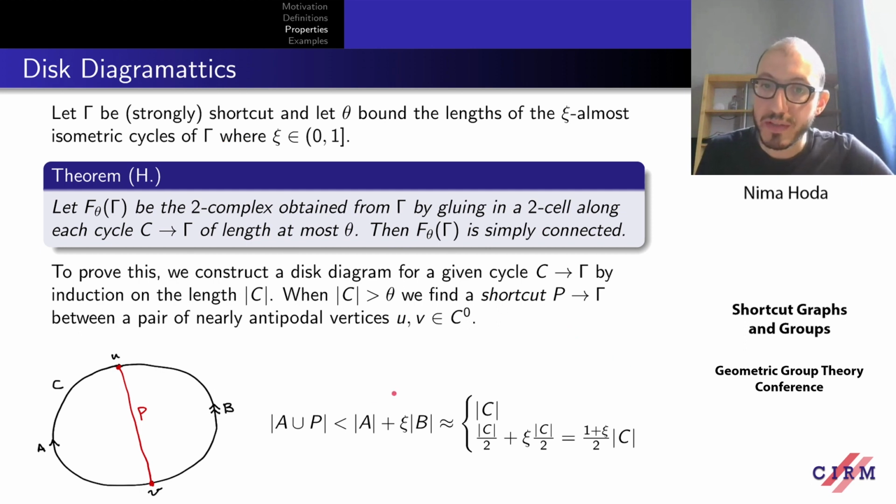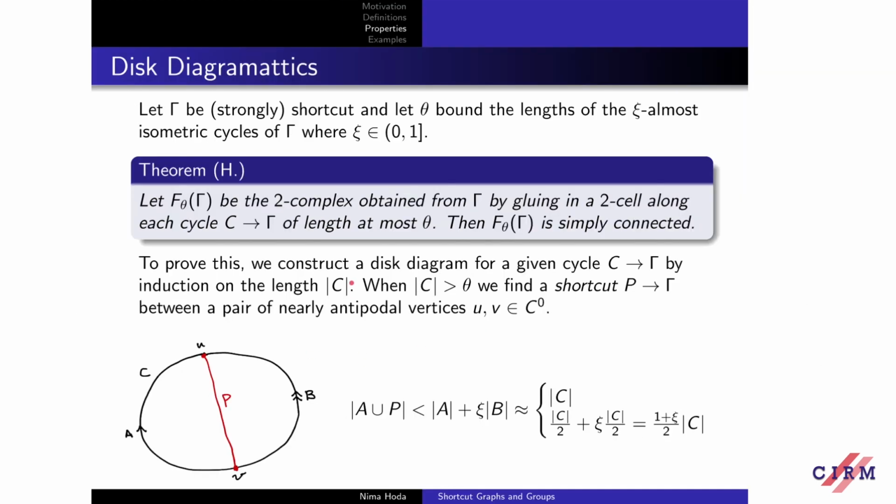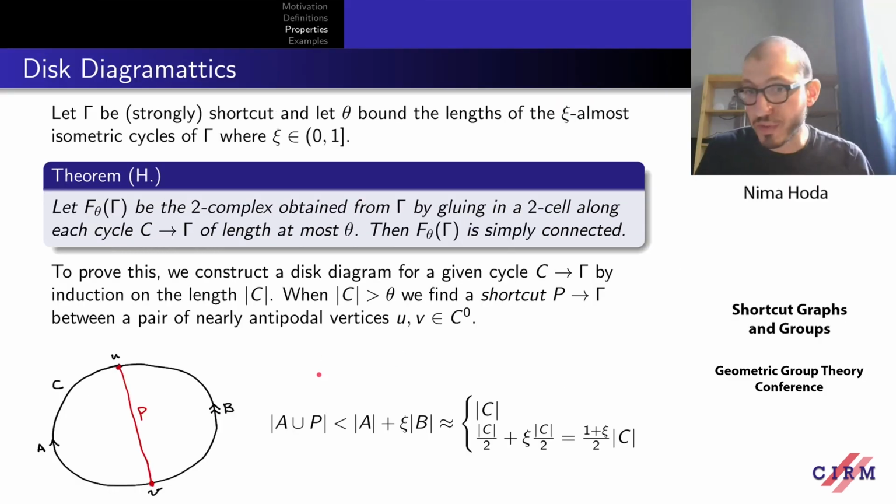To prove this, we're going to construct a disk diagram for an arbitrary given cycle C by induction on the length of C. Of course, if C is short enough, then C already bounds a 2-cell, so we have a disk diagram for C of area 1, having a single 2-cell.